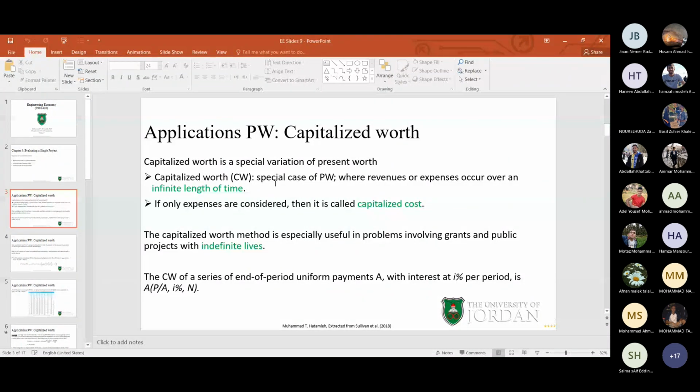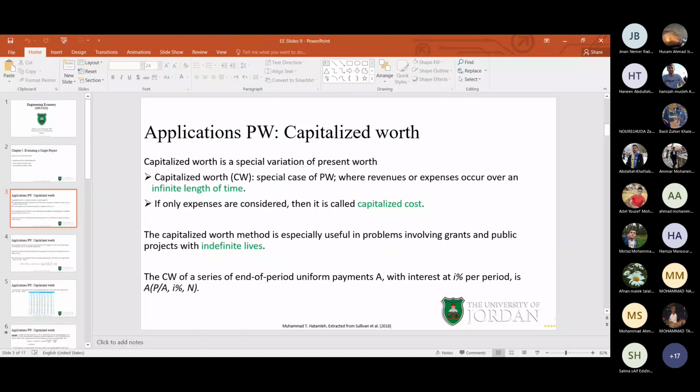It's a special case where revenues or expenses occur over an infinite length of time. I actually have some cases or scenarios where the revenue or the expenses are going to keep happening over an infinite amount of time.